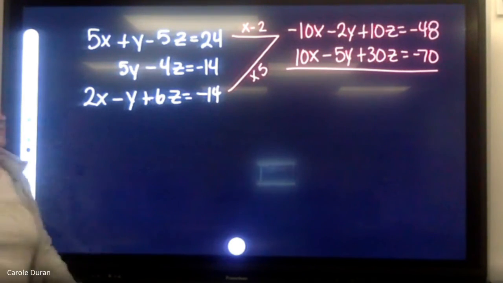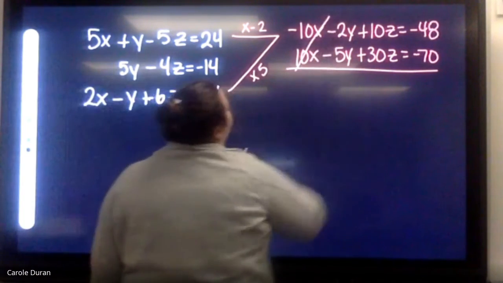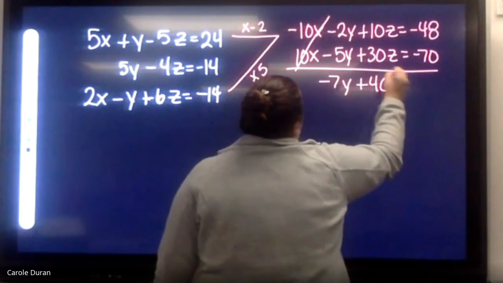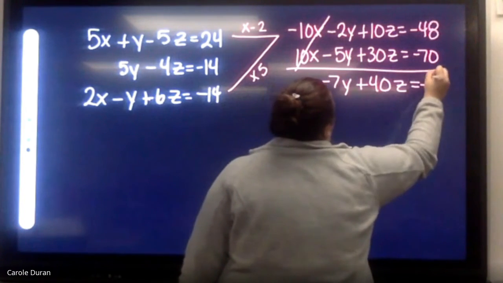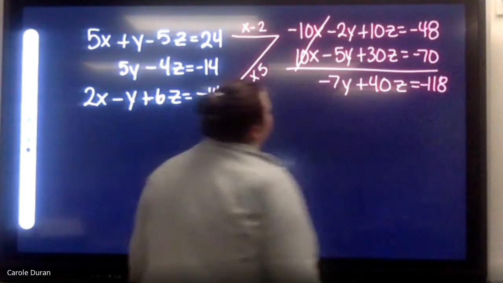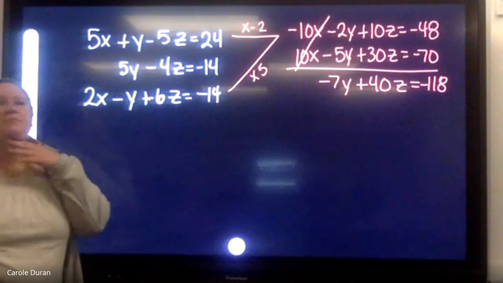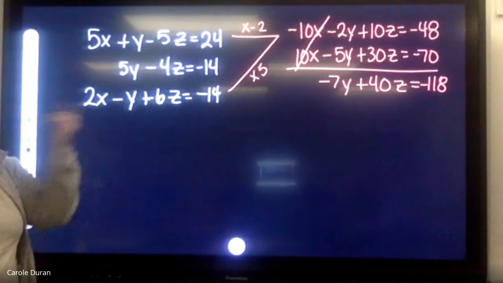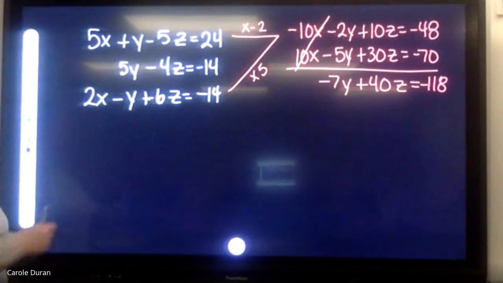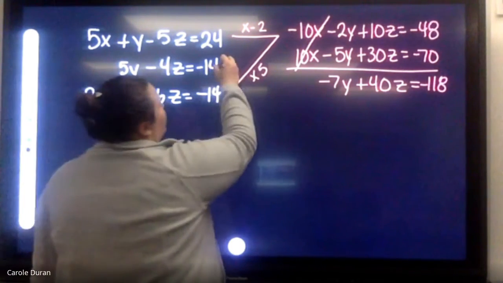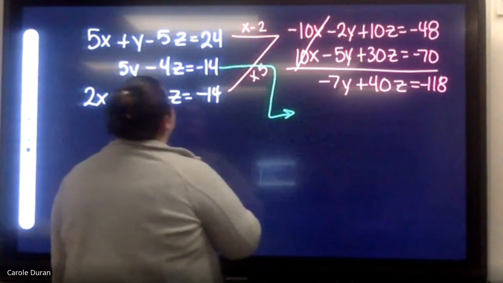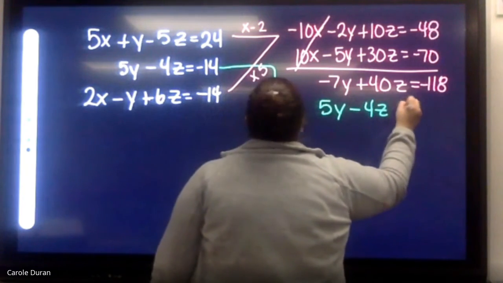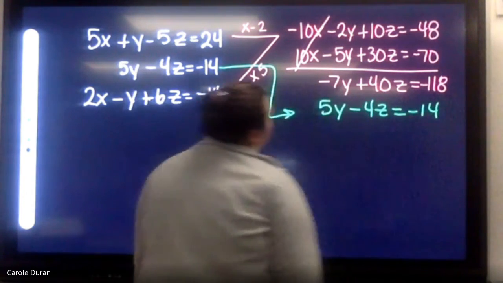Then I add straight down, my x's cancel. Then I get -7y plus 40z equals -118. Then I go ahead and bring over my middle equation because it's already down to two variables. And when I do, I get 5y minus 4z equals -14.